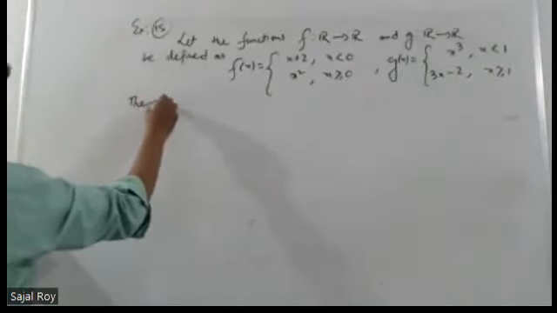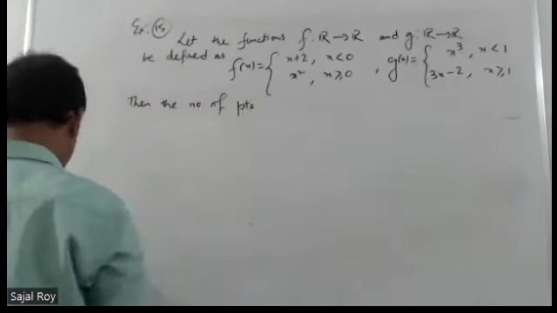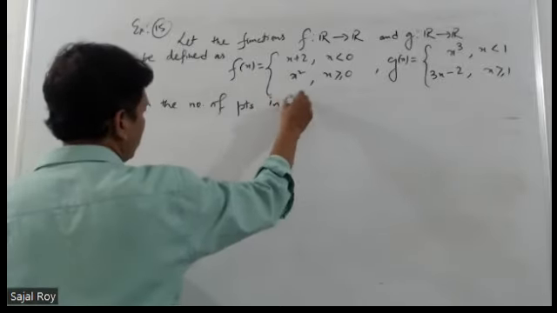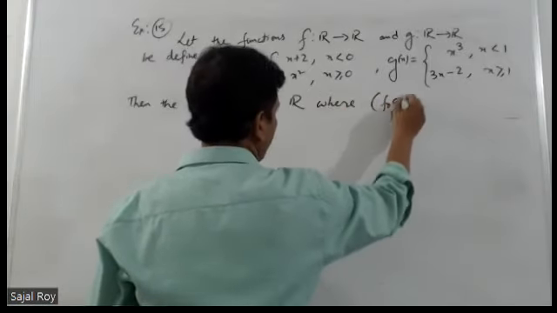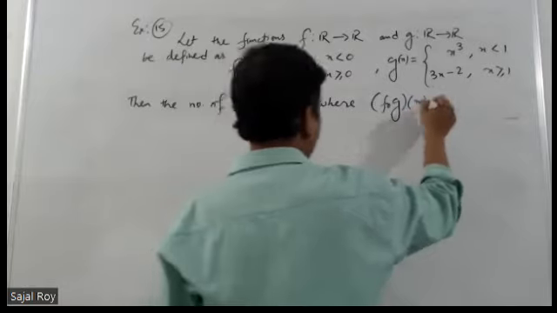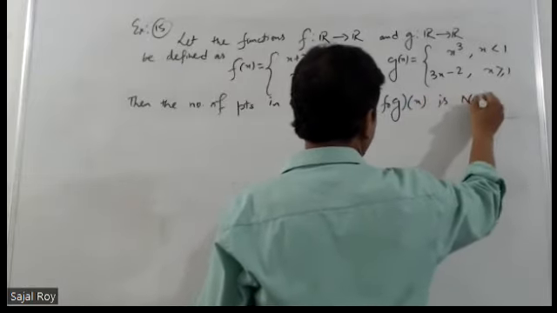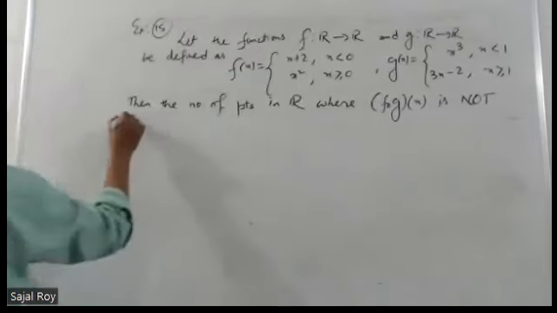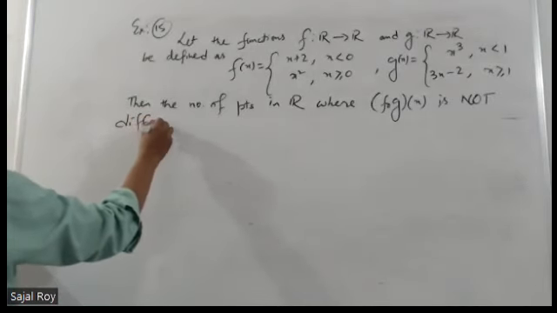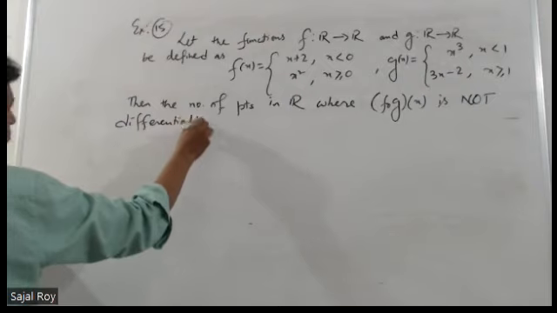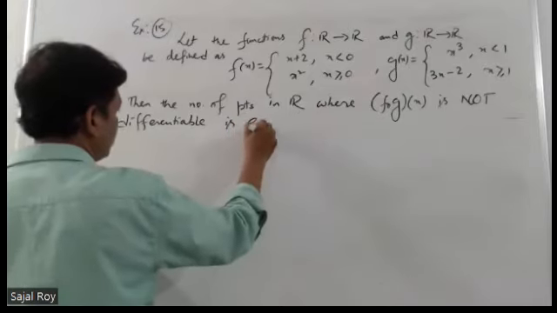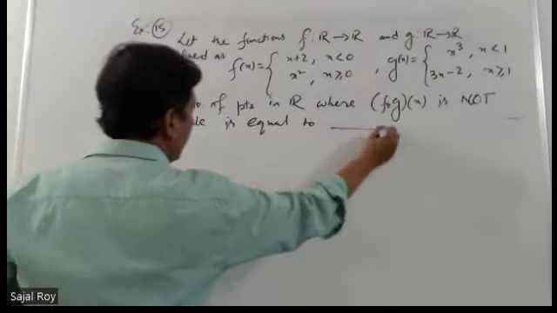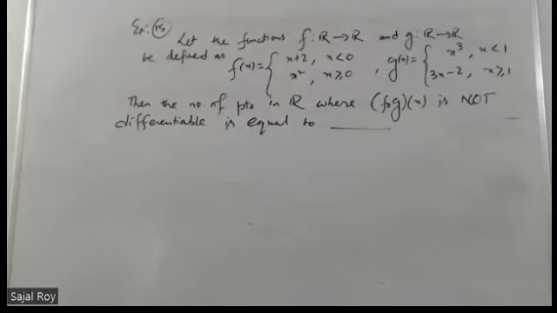Then the number of points in R where f circle g of x is not differentiable is equal to, let this be also our integer type.